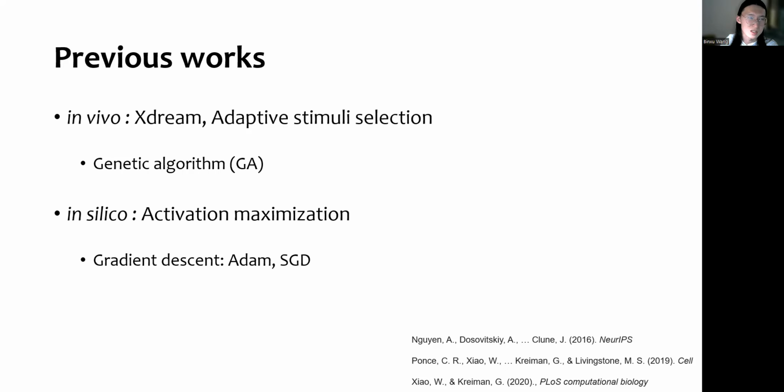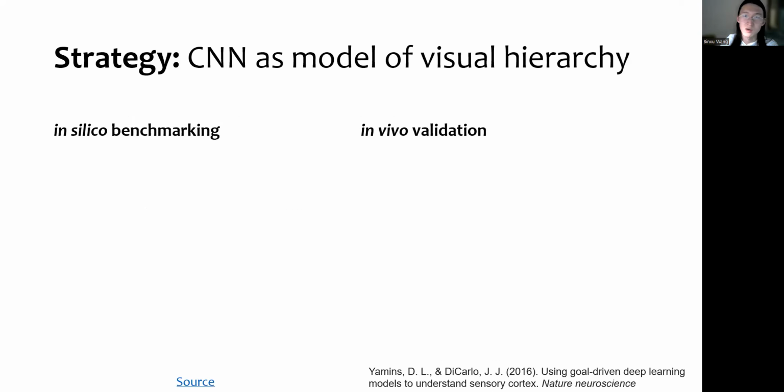In previous works, people have used genetic algorithms or gradient descent to solve this activation maximization problem. And here we want to benchmark and survey a wider range of evolutionary algorithms and see which one works the best. We're going to first do in silico benchmarking using CNNs as models of the ventral stream of the brain.